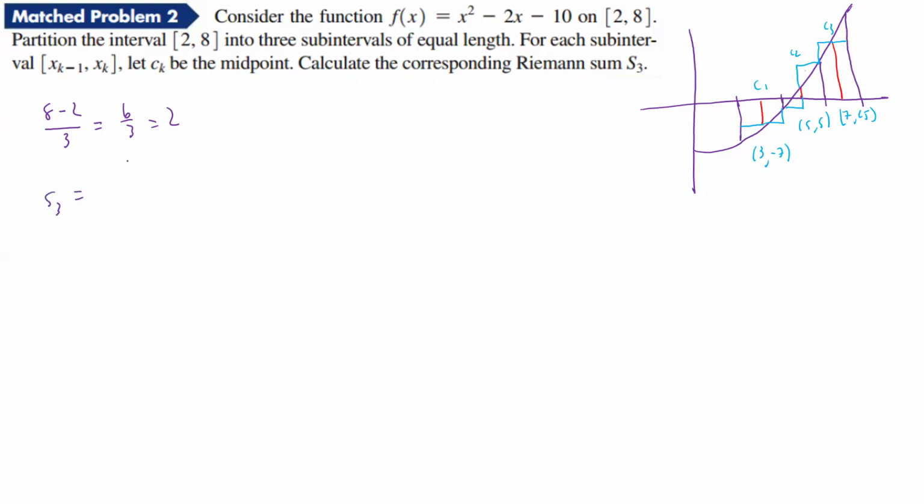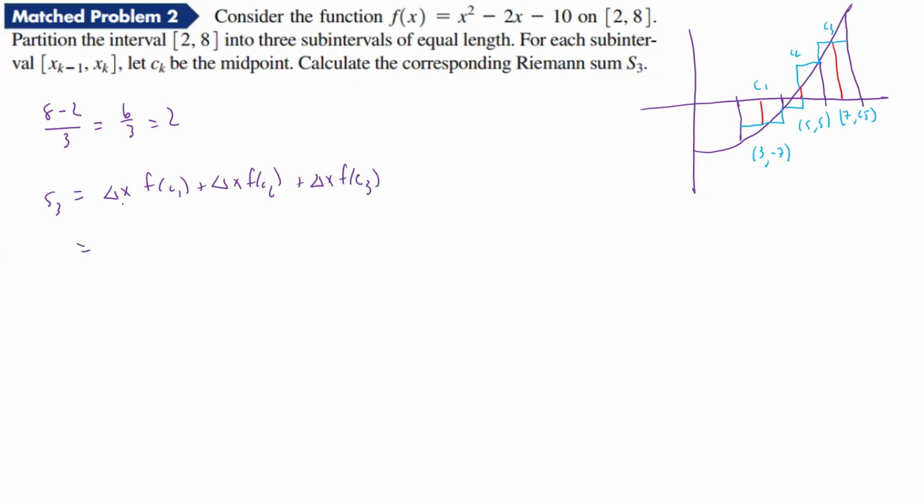S3 is going to be what? Well, that's going to be our delta x times f of C1, plus delta x times f of C2, plus delta x times f of C3. Well, what does that equal to?